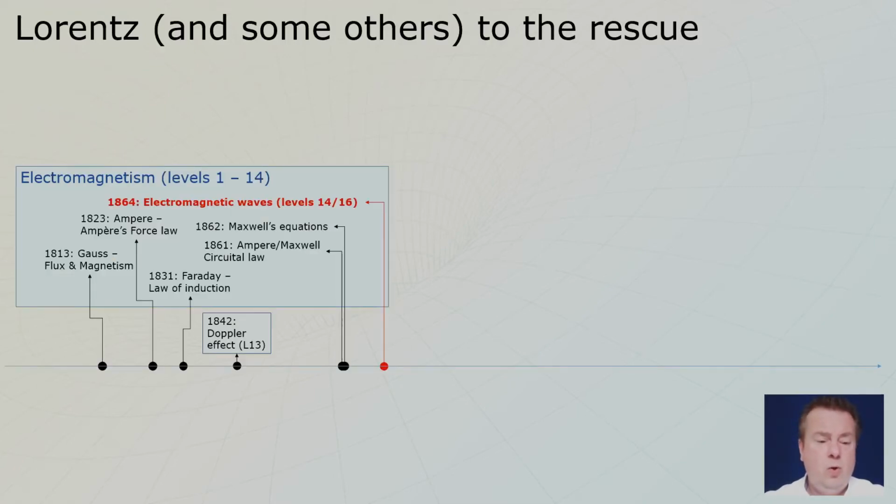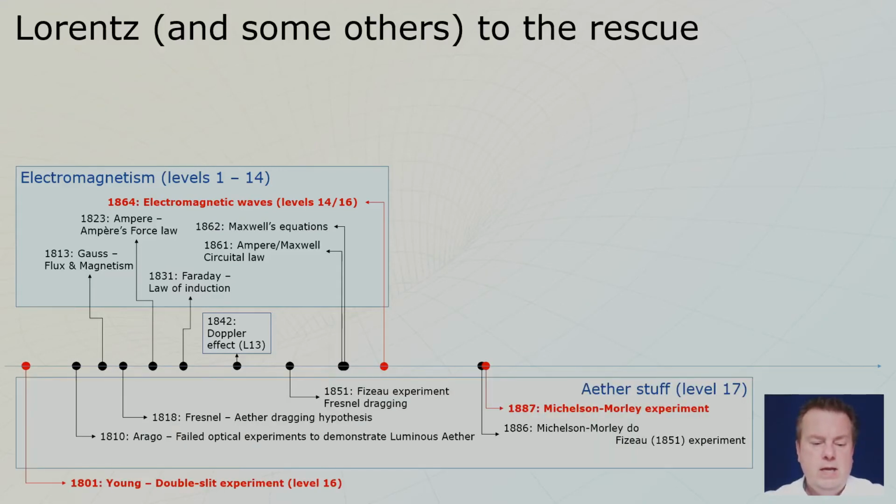We talked about almost half of our levels, 1 through 14, on Einstein's mountain dealt with electromagnetism. Here it is. And in 1864, we discovered that light is an electromagnetic wave traveling at a very specific speed. In level 16, we saw that it is a wave, because we did the double slit experiment of Thomas Young.